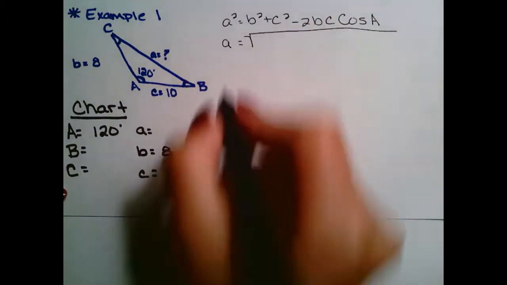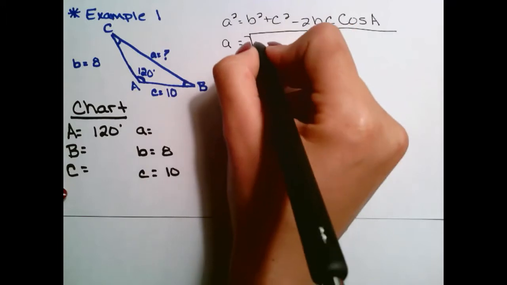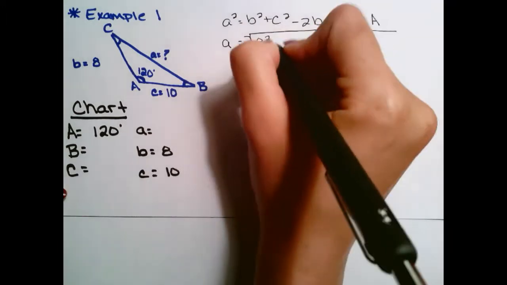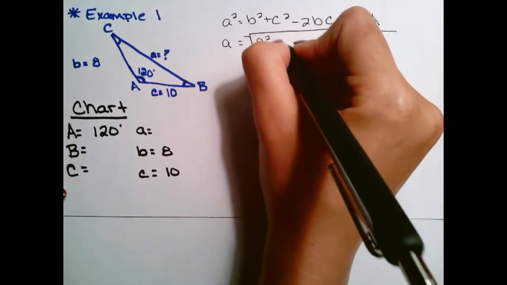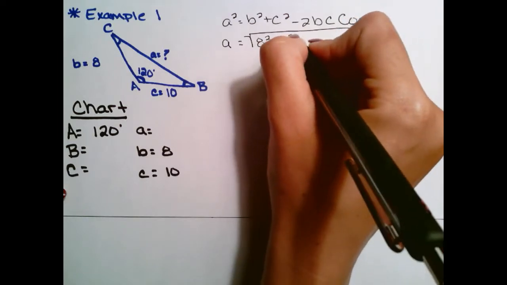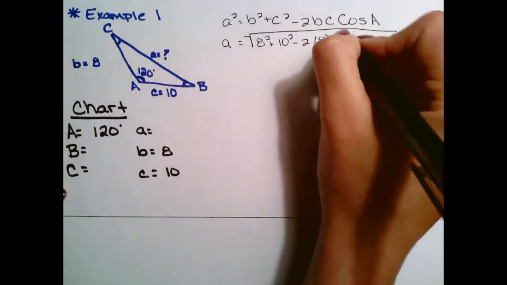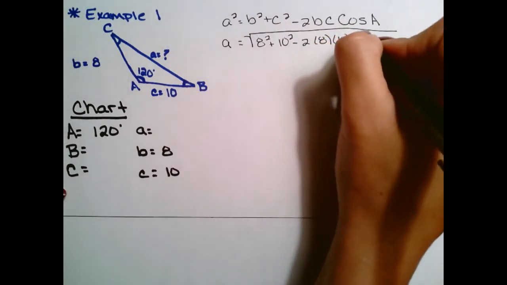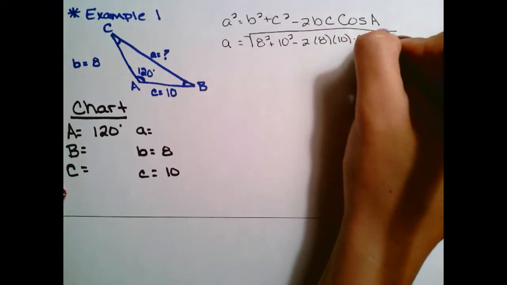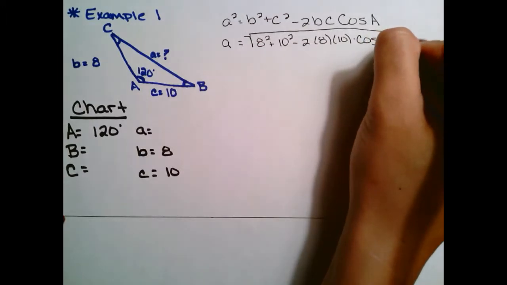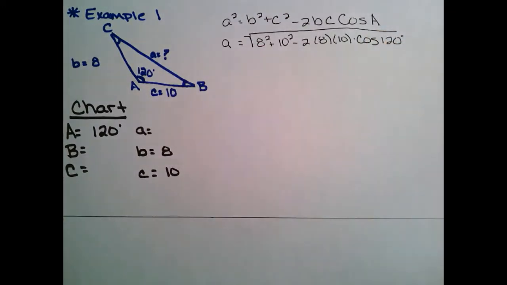All right, so now b squared would be 8 squared plus c squared would be 10 squared minus 2 times b, which is 8, and times c, which is 10, times cosine of angle A, which is 120 degrees.